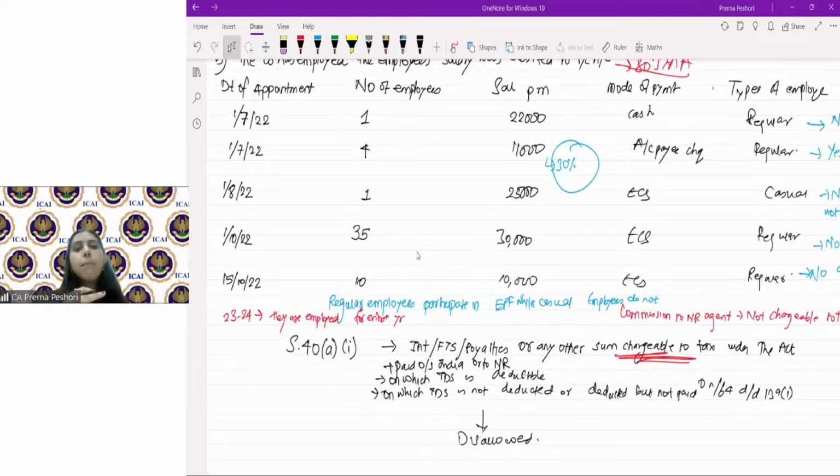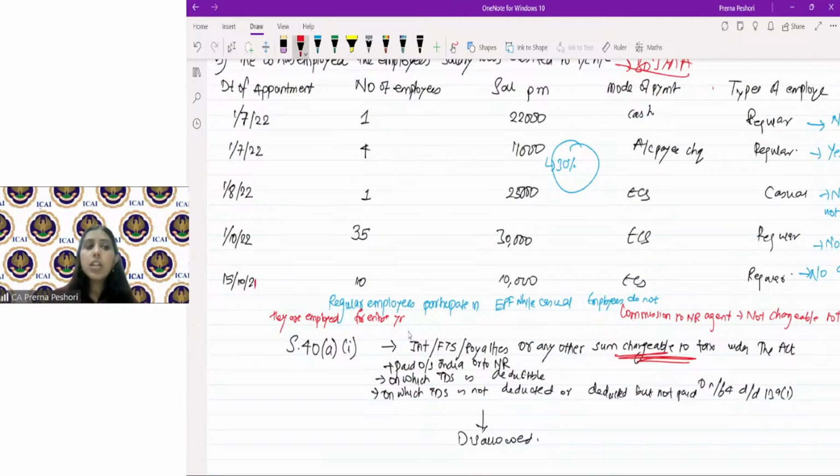So let's say, for example, if these employees are not present for 240 days in the current year, but in the next year. Let me change the adjustment so that you can understand. Let's say these 10 employees were hired on 15th October 2021.